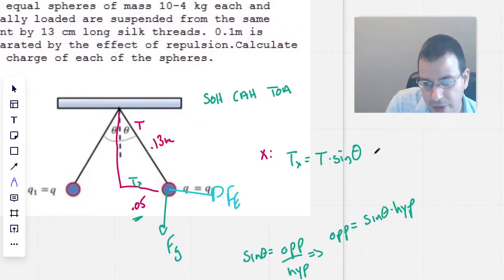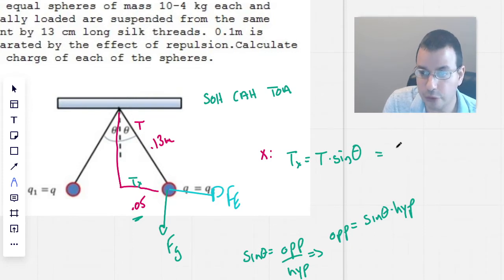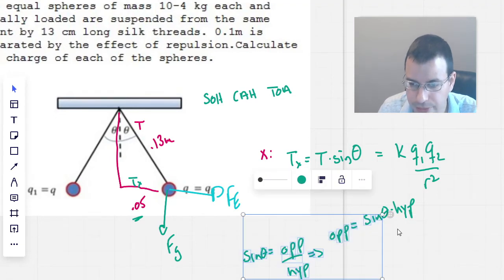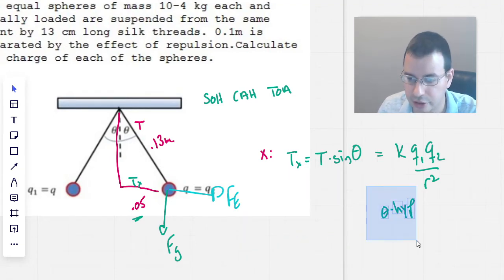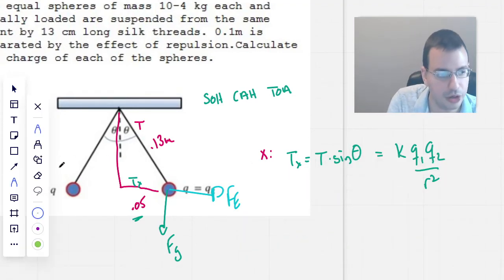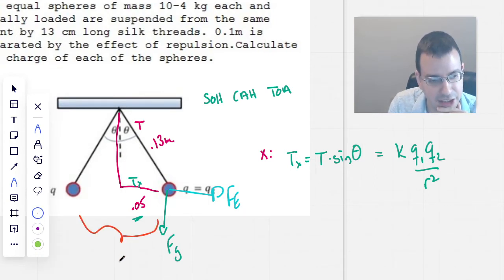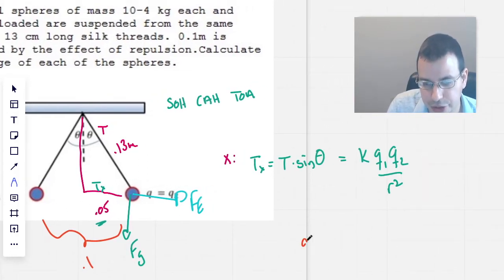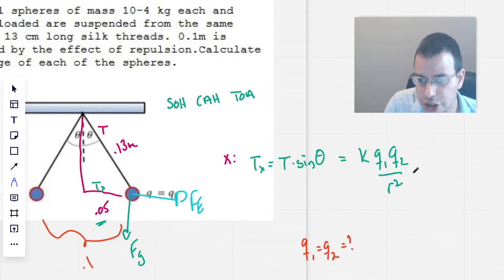Okay, so now tension x is going to be equal to force electric. So the force electric is going to be K Q1 Q2 over R squared, where the distance in this case is going to be 0.1. And Q1 equals Q2, which is a mystery charge.